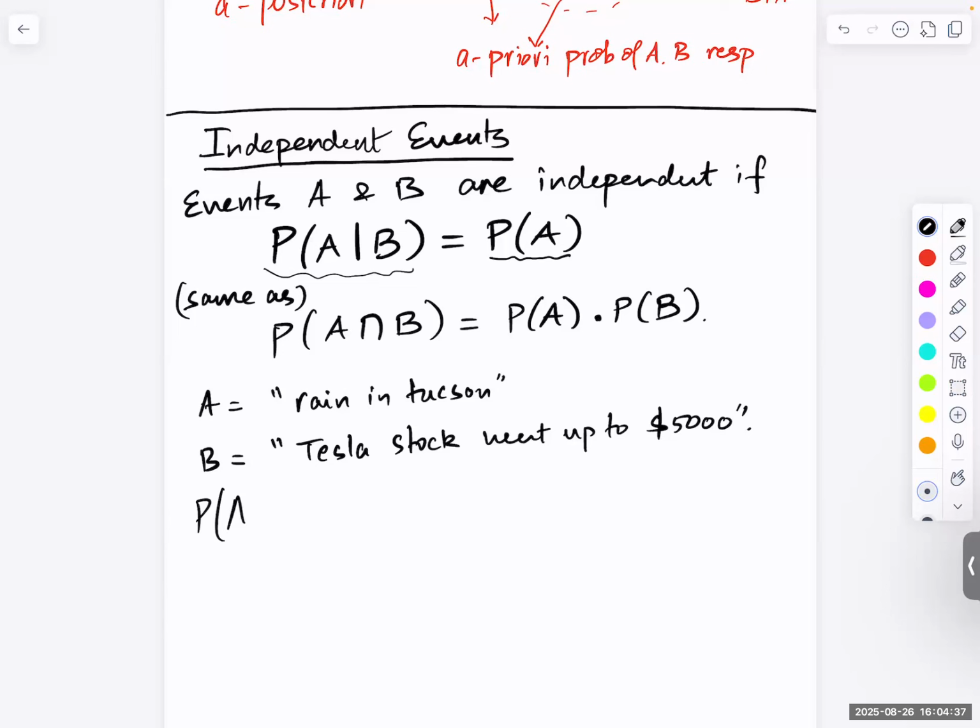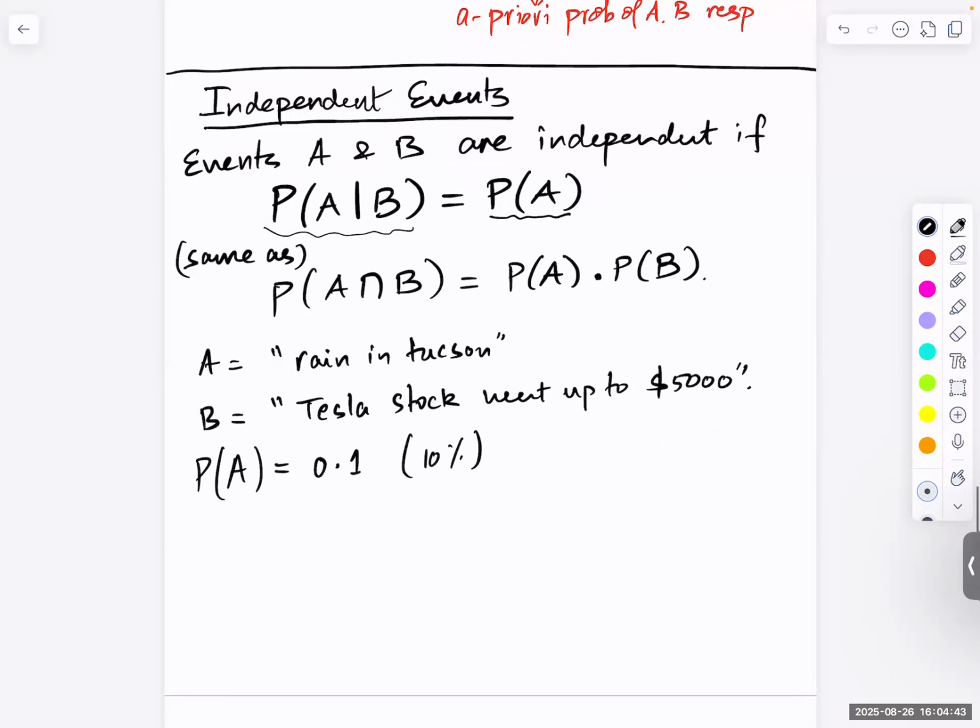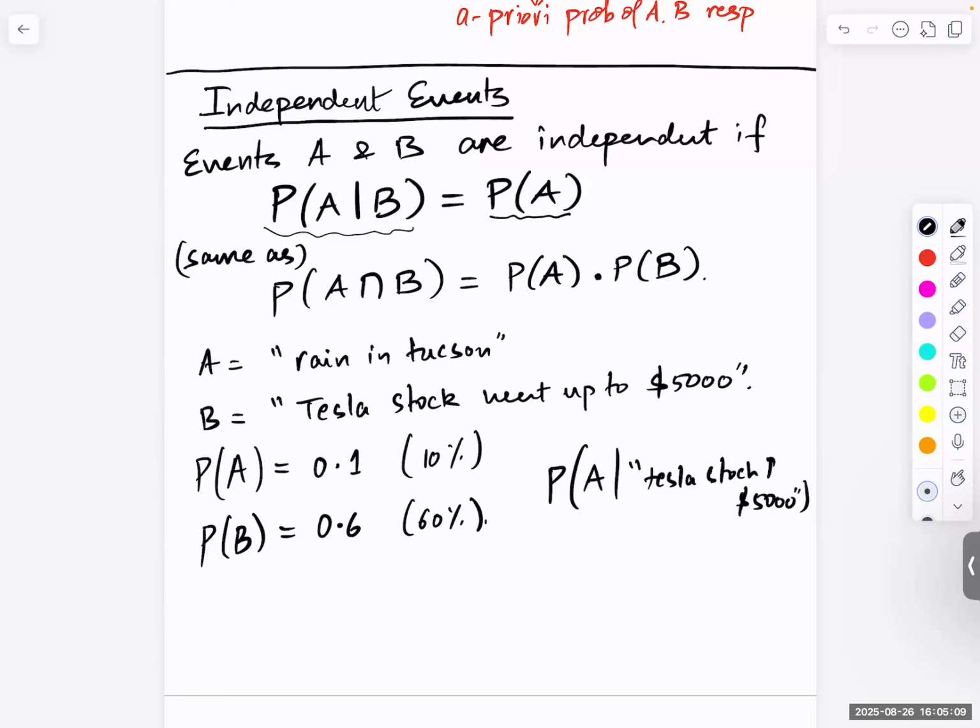So if I told you the probability of A is 0.1, 10% chance, and let's say the probability of B is 0.6, 60% chance, and I told you that B also occurred, that today, in 2025 sometime, for instance, the stock went up to 5,000. Do you think my estimate of rain in Tucson will change given that Tesla stock went up to 5,000? You would clearly say, no, not at all. So this will be the same as the probability of A, which means this event has no bearing on this event whatsoever. No relationship in some sense.